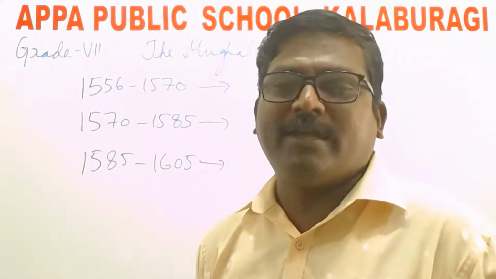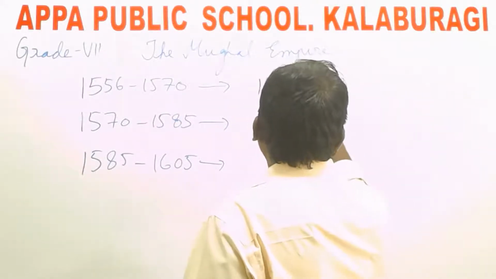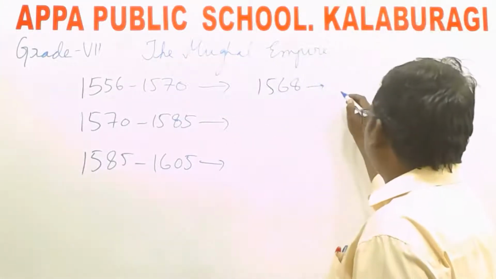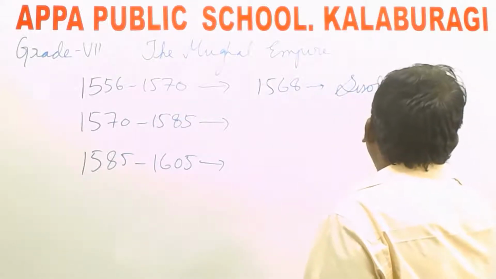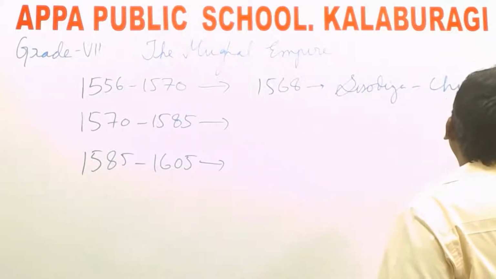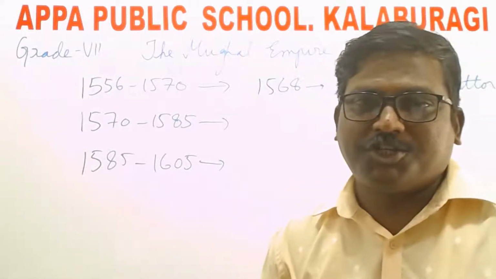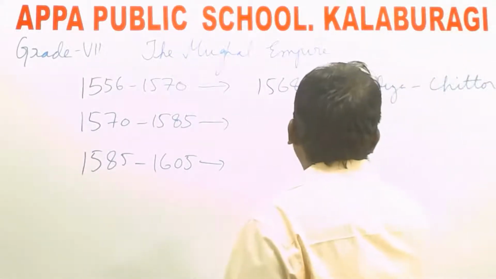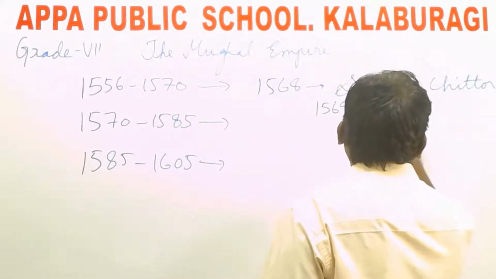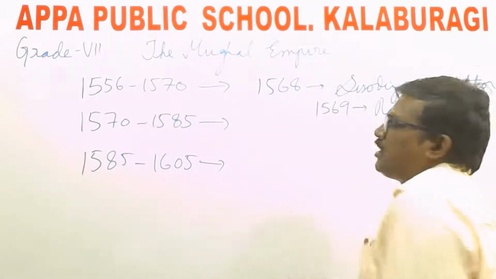In the year 1568, the Sisodia capital of Chittor was seized by Akbar, and again in 1569, Ranthambore was taken control of.